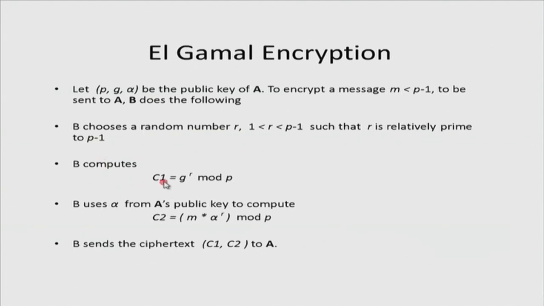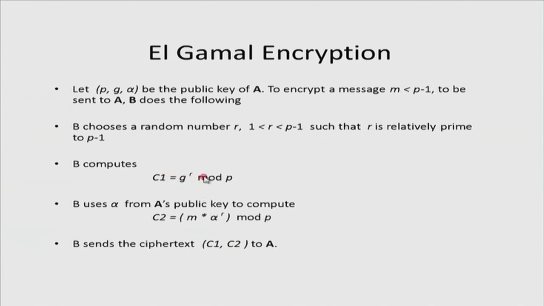And then B computes two integers. Very interesting. The ciphertext is now two integers, not just one integer as in RSA. The first integer is g raised to r mod p. And the second integer, it has to obviously use the public key of A. So B uses alpha from A's public key. This whole thing is given by A to B, possibly in the form of a certificate, and B pulls out the alpha, uses it over here.